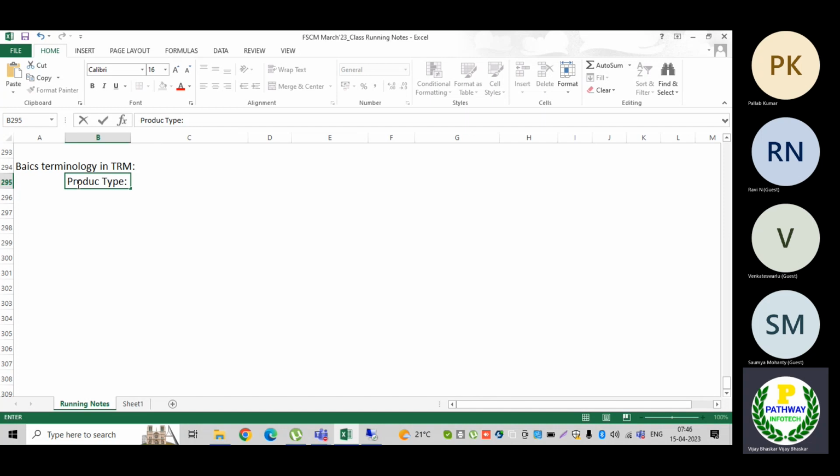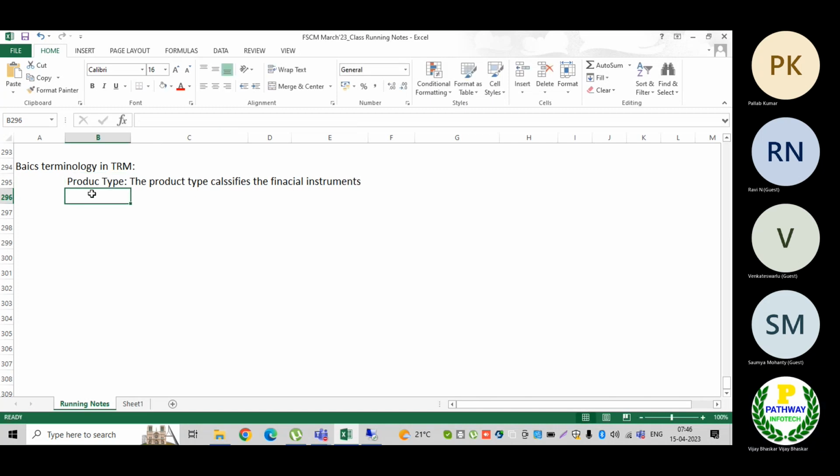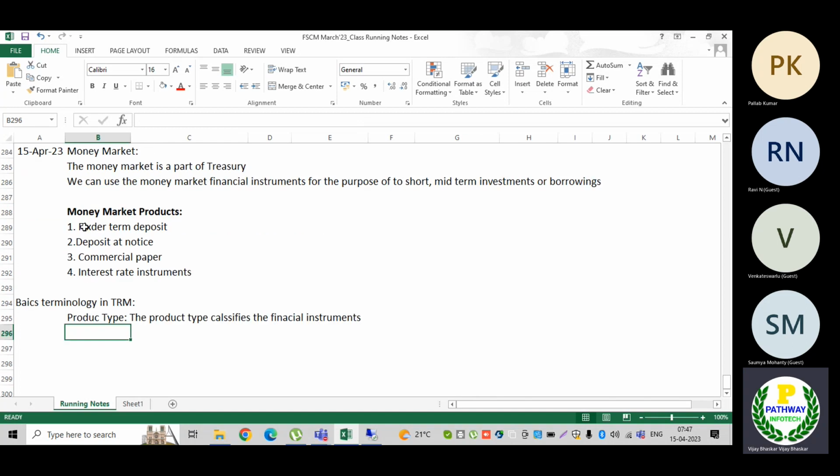So the product type classifies the financial instruments. This product type will be relevant for the fixed term deposit created under the money market.